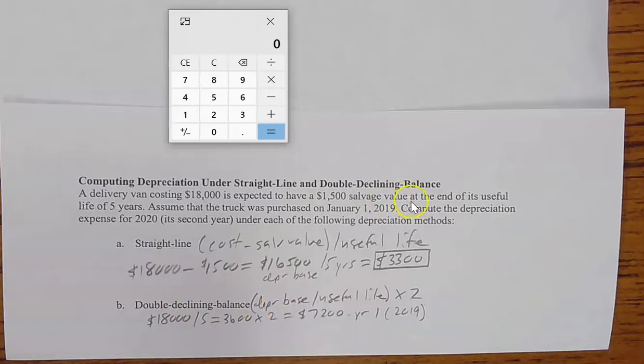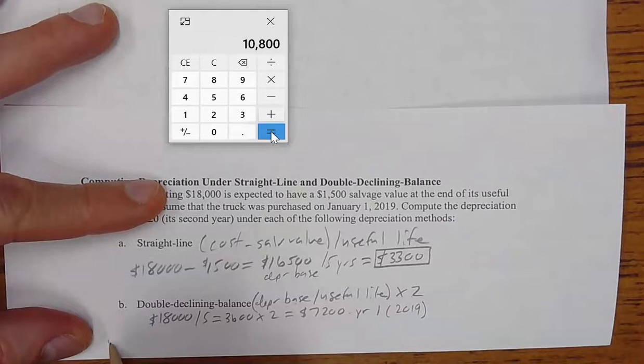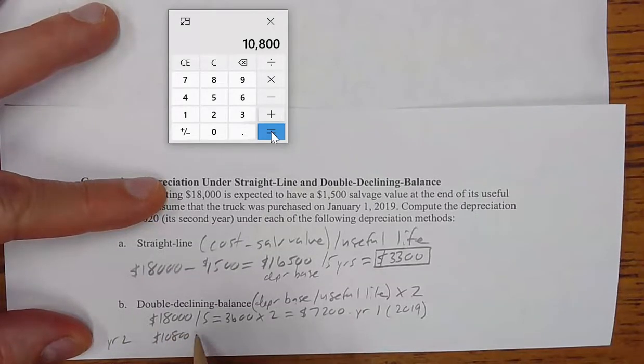We don't have to mess with this salvage value at all. But in the second year, we're going to reduce that by the amount of depreciation that we took in the first year. And so our new depreciable base for year 2 is going to be $10,800.